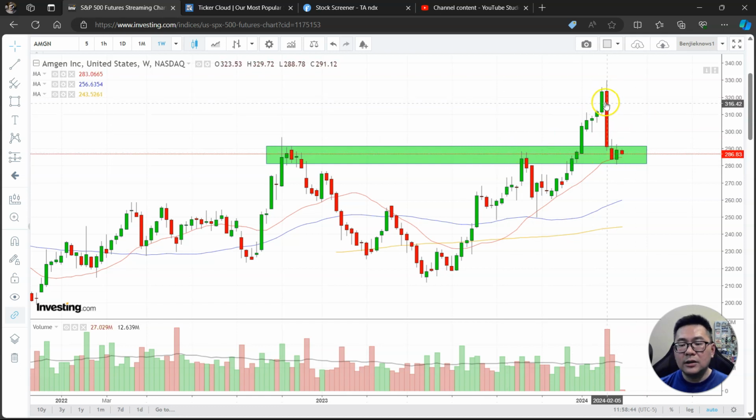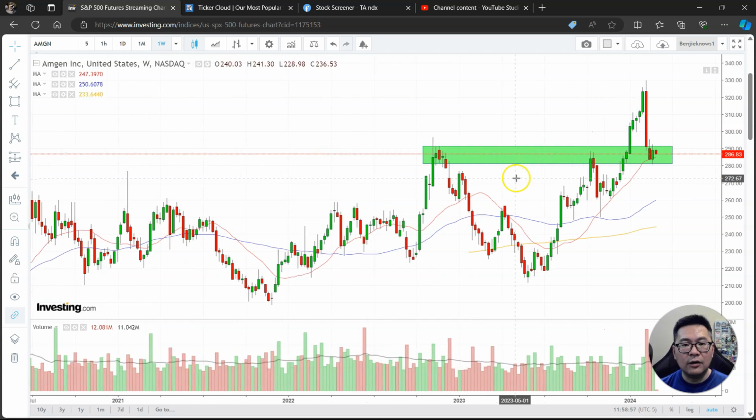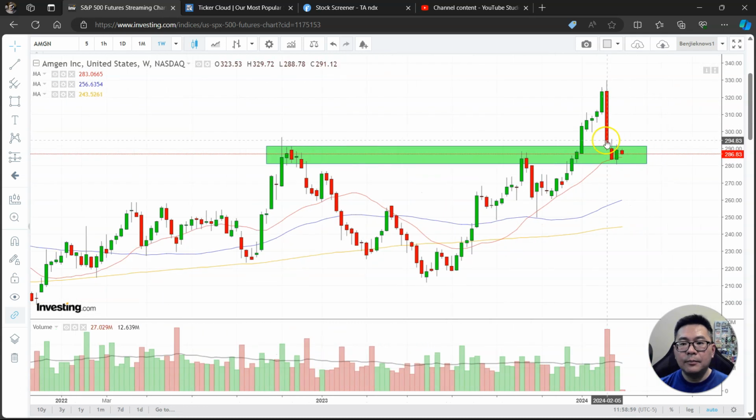Which is why, despite the large red candle here on heavy volume, immediately a smaller candle and a green candle formed, because it's trying to find support at this area. Okay, so this will be a very significant area that you want to watch.